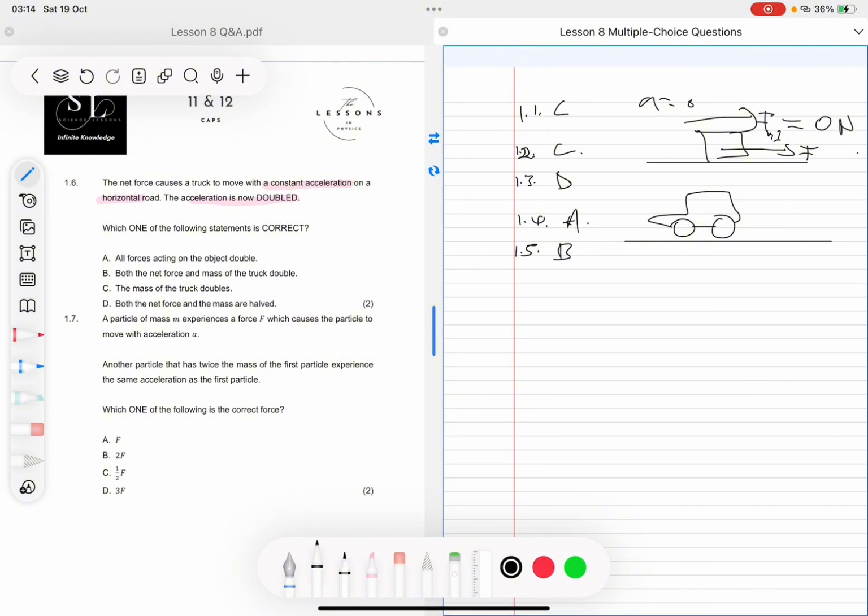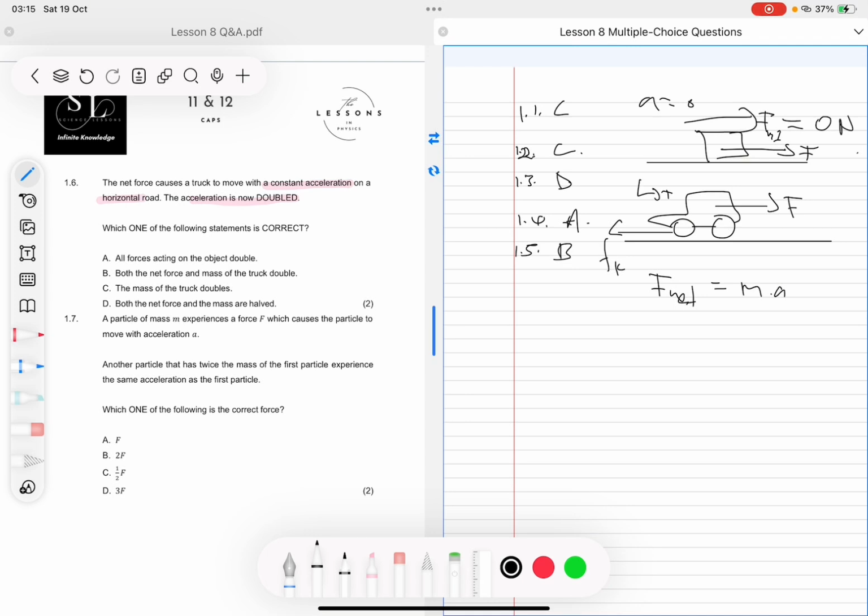This truck experiences a force from the engine that push it to the right, and obviously it will experience a kinetic frictional force, right? Now, when we want to find the net force acting on this truck, we'll say net force is equals to the mass times the acceleration.